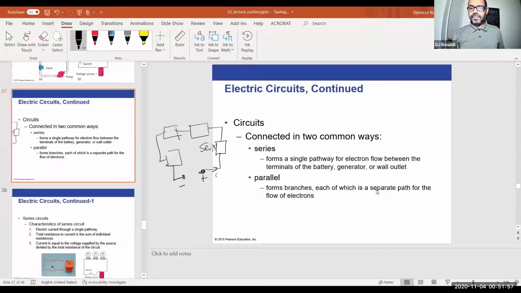The current is the same. The charges that come through this device will emerge from the other side. The charges that come from this device will emerge from the other side, and that is because charges are conserved. Okay? Because of the conservation of charge, the series has the same current.